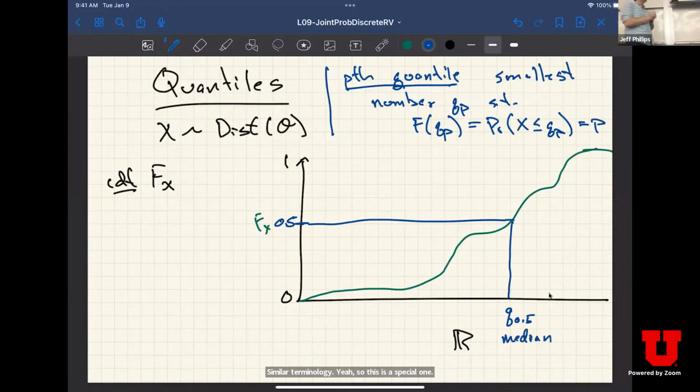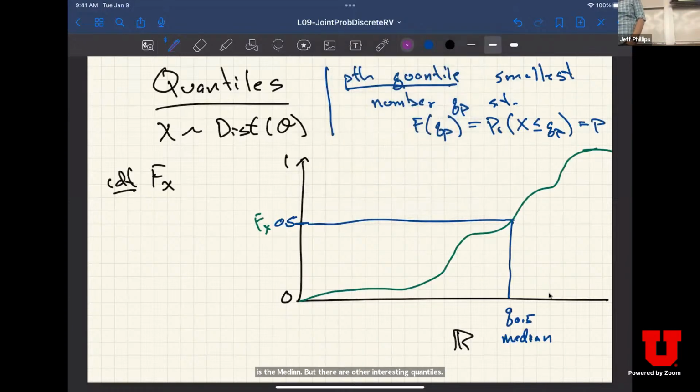The median is the point of the distribution where half of the probability is on either side. We'll talk about the median in statistics in a few weeks, where you actually have data, and half your data points are on either side. But now, instead, I have half of the probability of a full distribution on either side. This is the median.